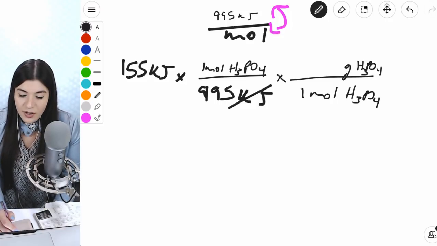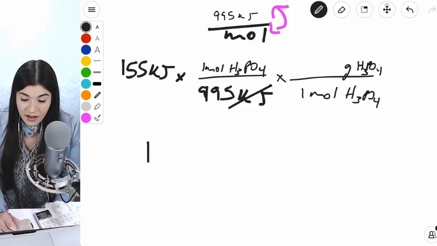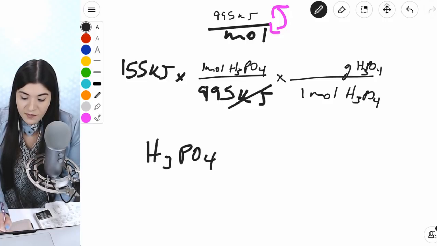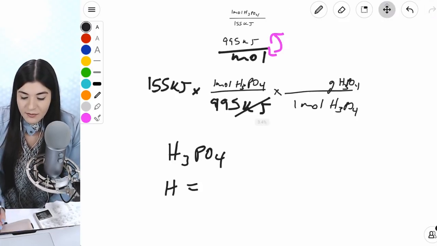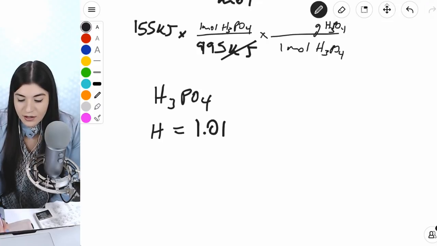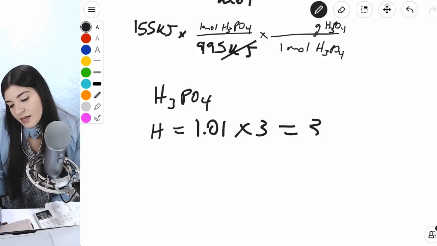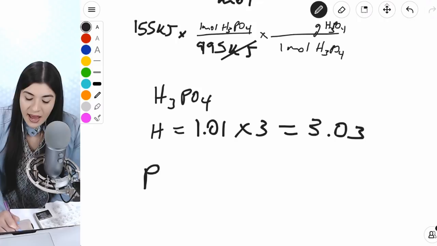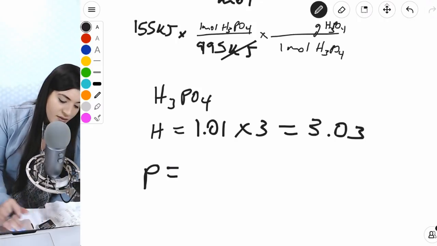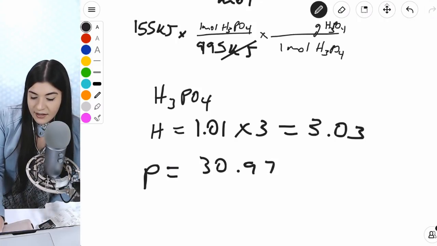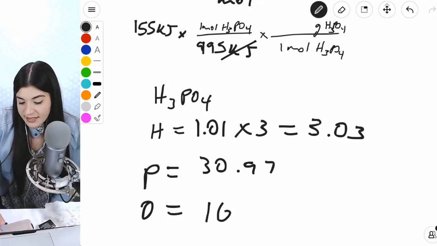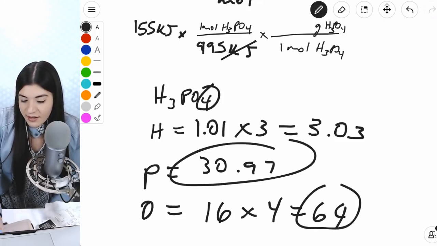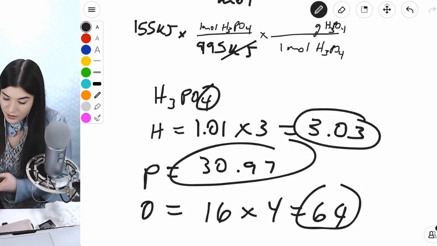And now I'm going to get the molar mass of phosphoric acid. So hydrogen has a mass of 1.01 times 3. This would have been 3.03. And then phosphorus has a mass of 30.97. Oxygen, 16 times that 4, which is 64. Add everything together, and we'll see what mass we get there.